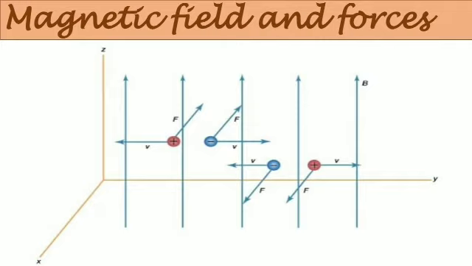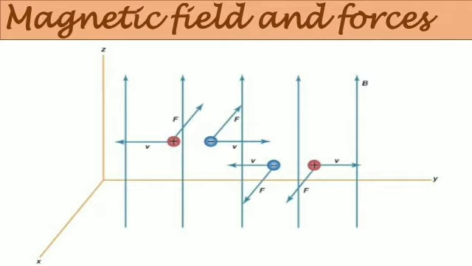Now this diagram illustrates the direction of the magnetic force on positive charges and on negative charges as they move in a magnetic field that is perpendicular to the motion.